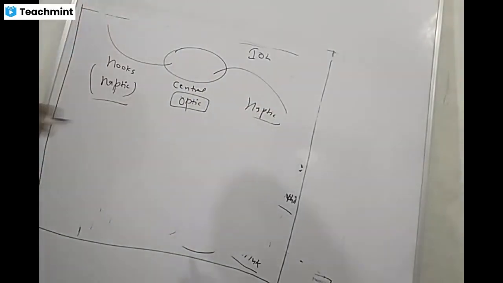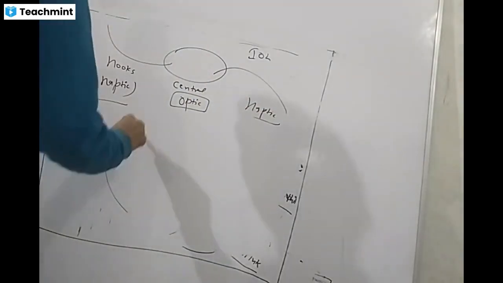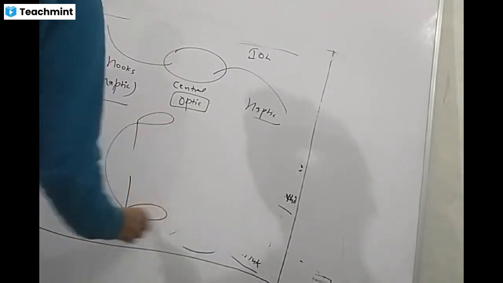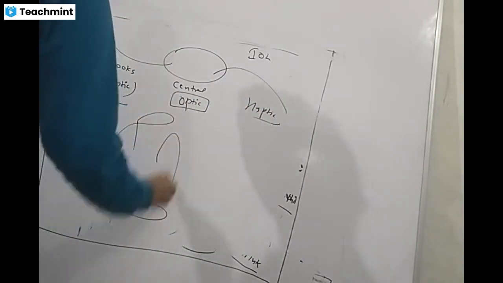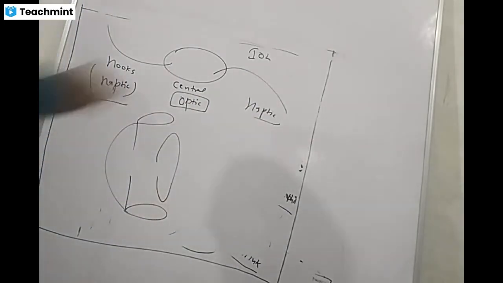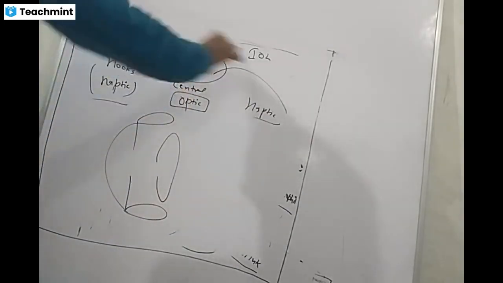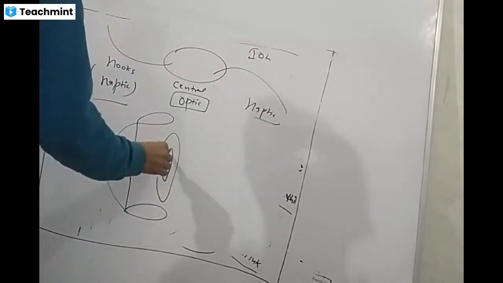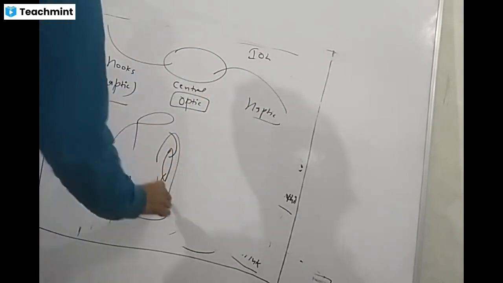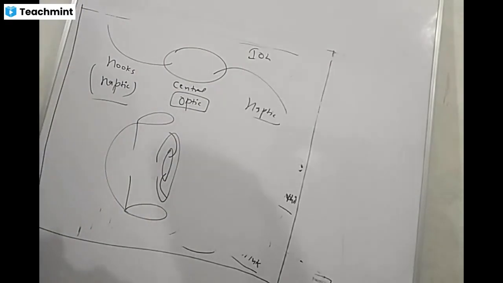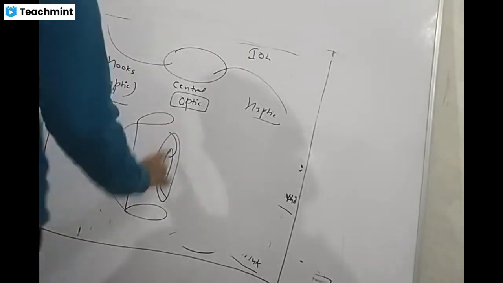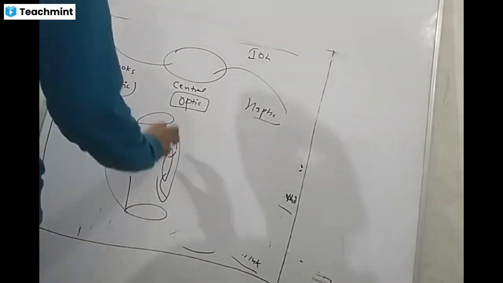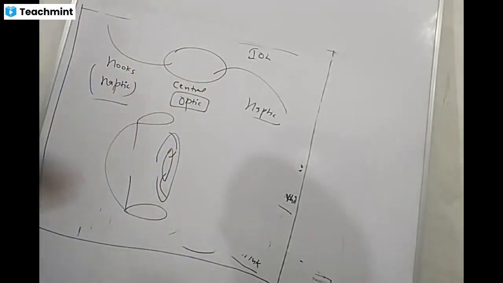So this is your IOL, and this is my cornea, iris, ciliary body, and this is the capsular bag. We keep this intraocular lens inside: this is the central part and these are the hooks. The role of the hooks is just to hold it in the proper place. So in this way we can place our lens.